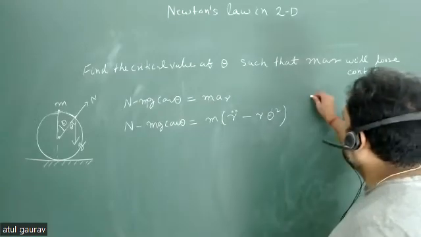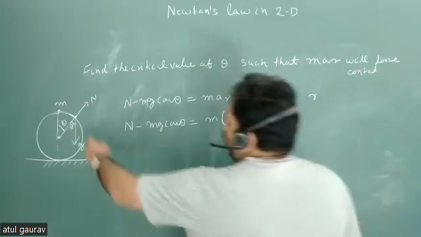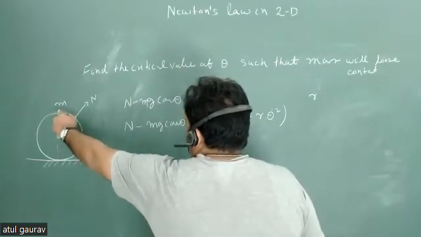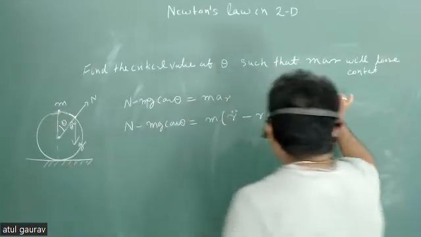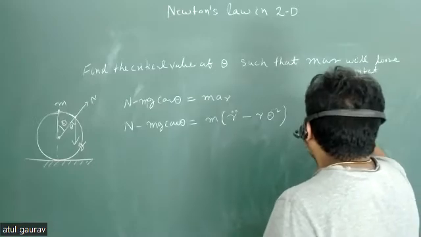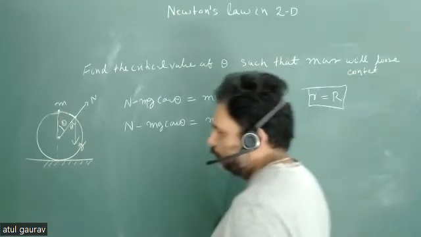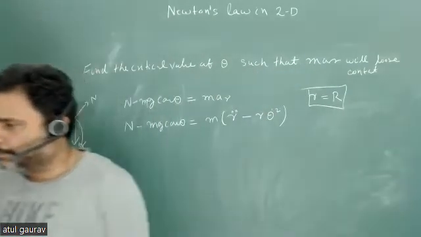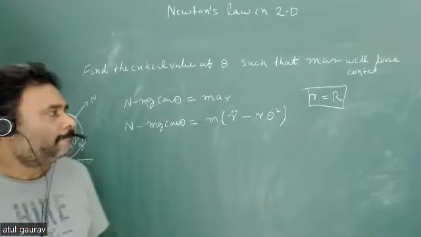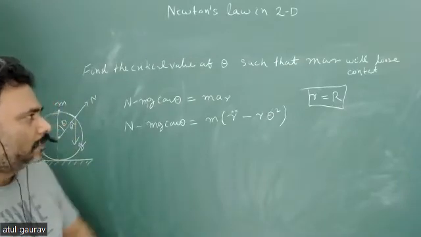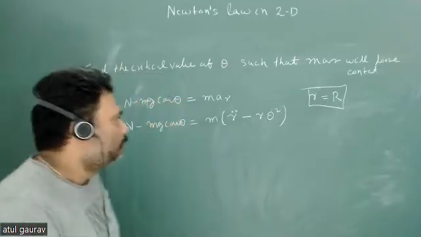And every time if you are on the surface of this particular sphere, then I can say r is equal to capital R is the equation of constraint. लिख सकते हैं या नहीं? Yes, sir. r is equal to capital R is the equation of constraint.